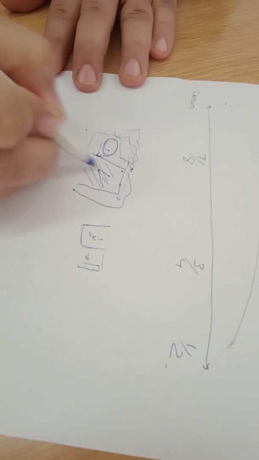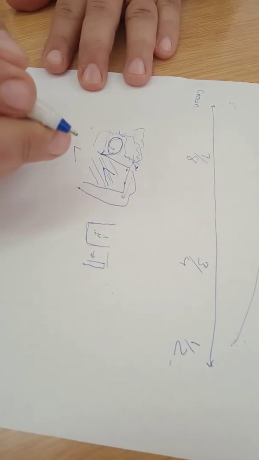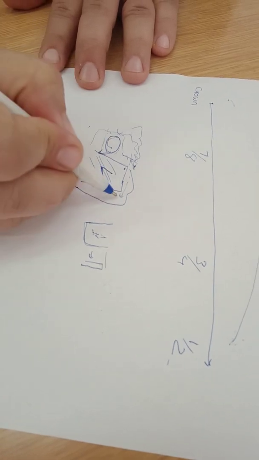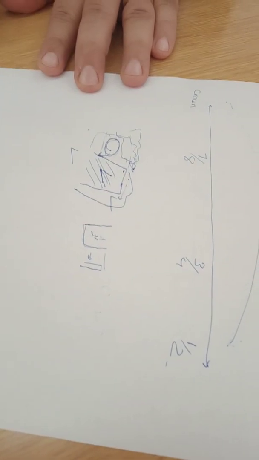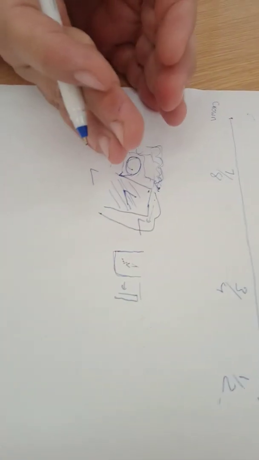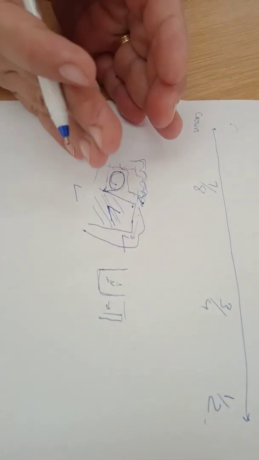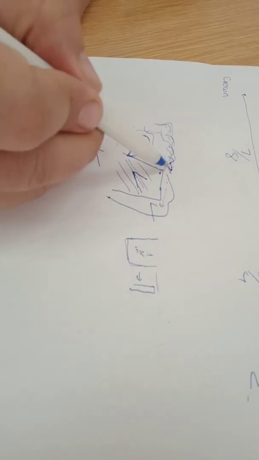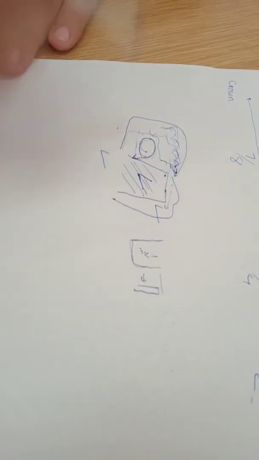Here we have enough. This tooth is vital, by the way. Usually this tooth is vital. The dentine on one part and the enamel is intact, and we have an irregular lesion that we could not confine inside a filling. I don't have enough enamel and dentine to support an intracoronal filling, but I have irregularities that could not be confined, so I need to cover this by a partial crown.